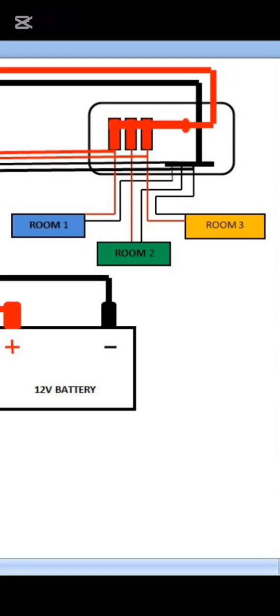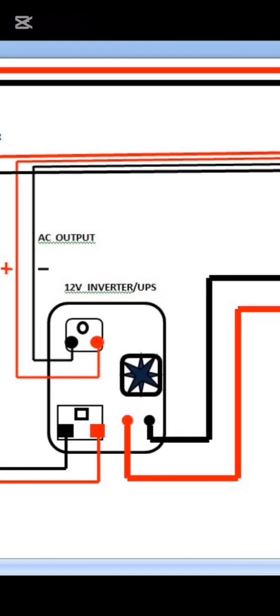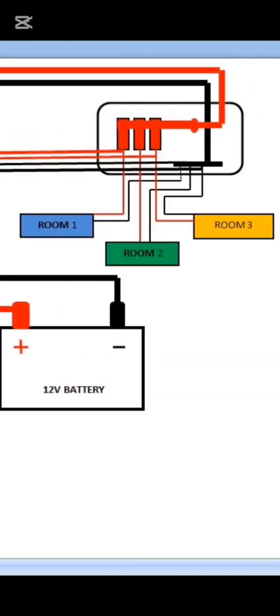Then you disconnect the wires coming from room 2 and room 3 from the circuit breakers. And then the negative of the AC output goes to the negative bus bar. All the negatives in that building go to the negative bus bar.